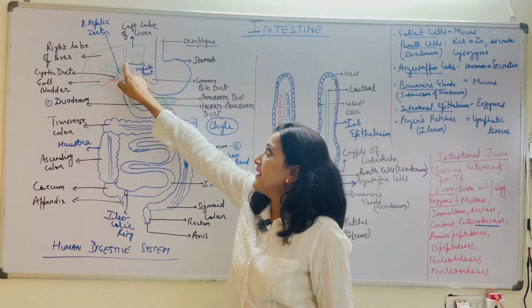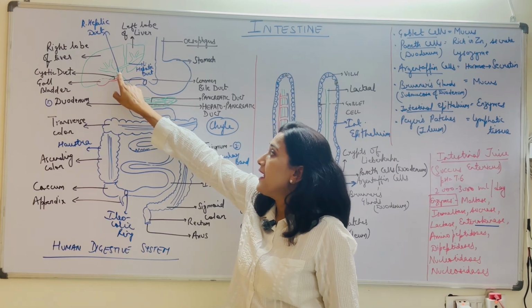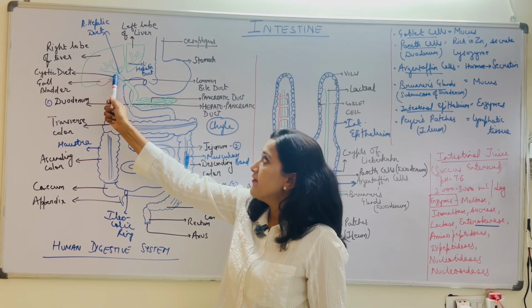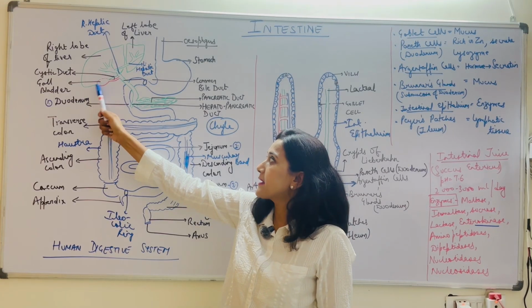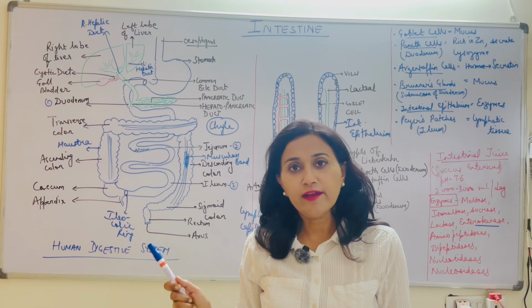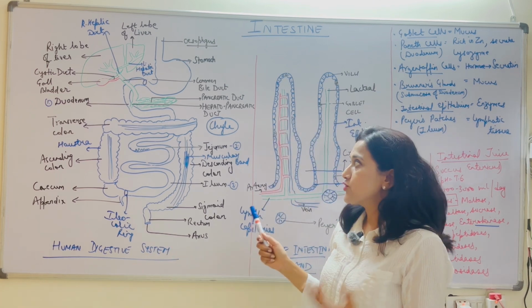Now this is the right hepatic duct and this is the left hepatic duct. The right and the left hepatic ducts join together, and before they proceed further, they are joined by the cystic duct. Where is the cystic duct coming from? It is coming from the gallbladder, and the gallbladder is the organ in which the bile is stored.